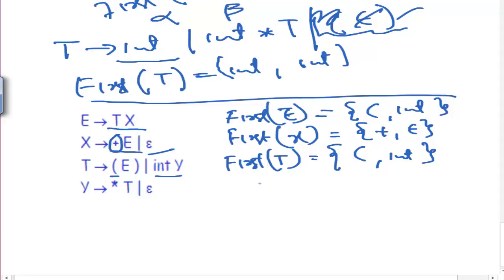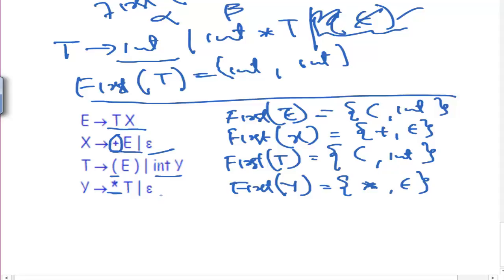But let's do the first examples. Now again, the first of Y. First of Y is simple. This is the first terminal symbol, that is asterisk, and there is also the epsilon, right? Epsilon has something special to do with it. We will talk about that a little bit later.